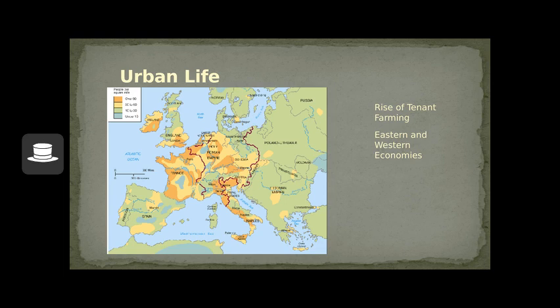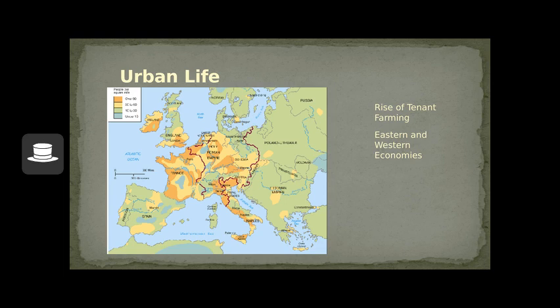But on the right side, that line is kind of a dividing line between East and West. And you can see, based off of the color coding here, that the West has a much denser population, more cities. The East, excuse me, has less. There's not a lot of cities. There is no bourgeoisie worth speaking of in the East. And so everything we've described is a Western phenomenon in regards to the market economy.